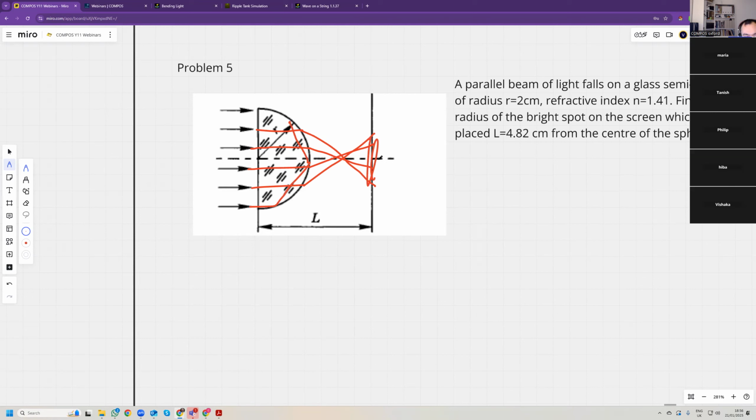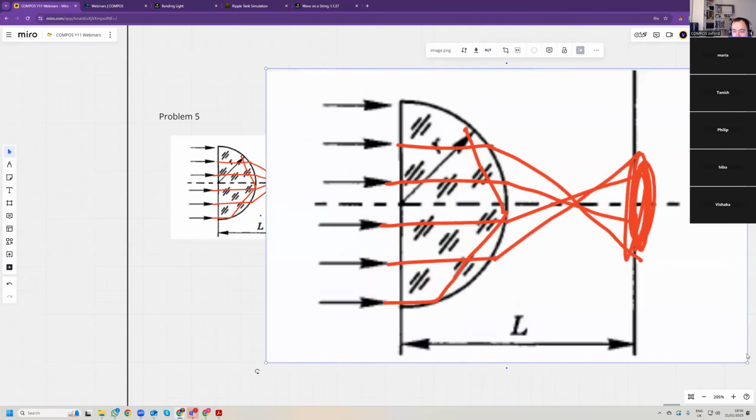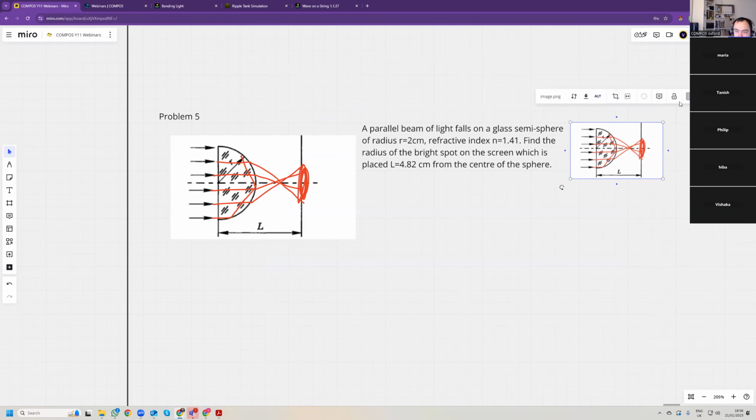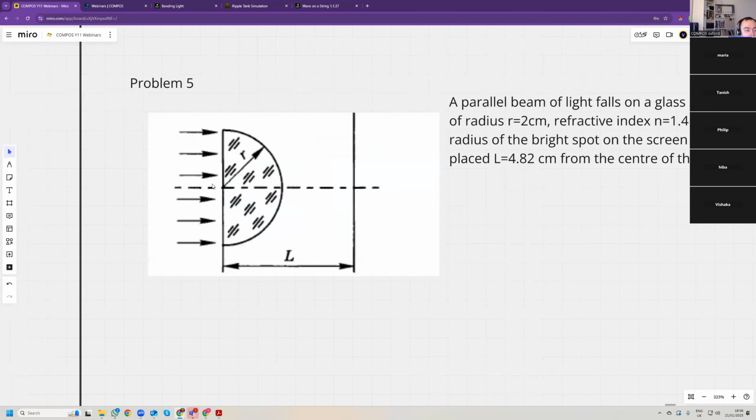So you would see a bright spot here. And you need to find the radius of that spot. Okay, so I'll make a picture of that. This is the general idea.